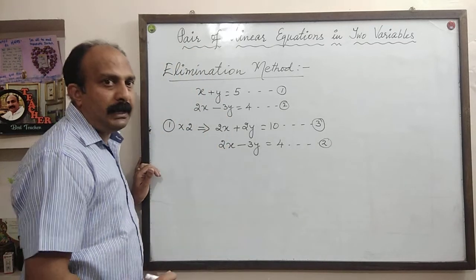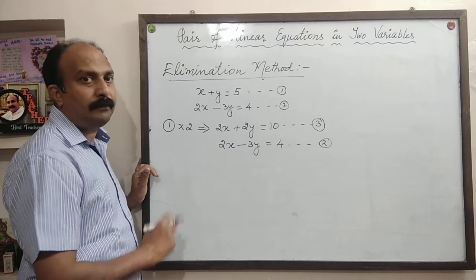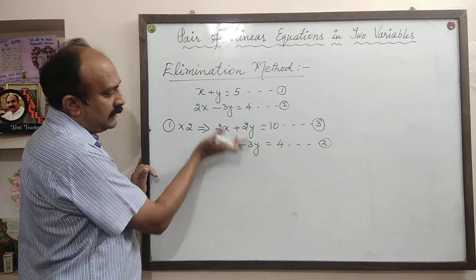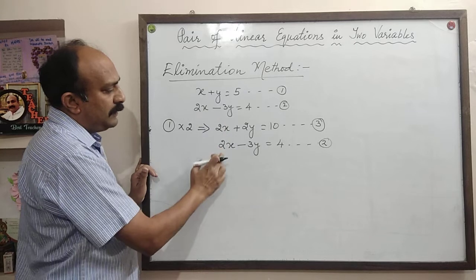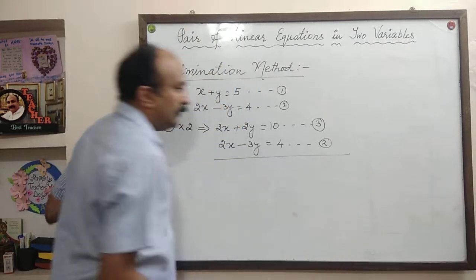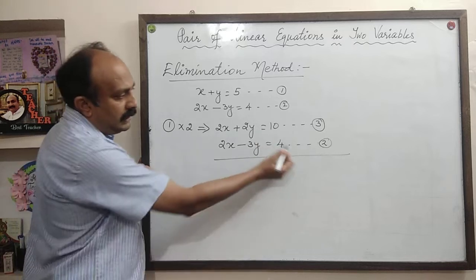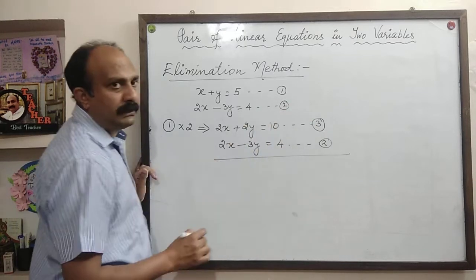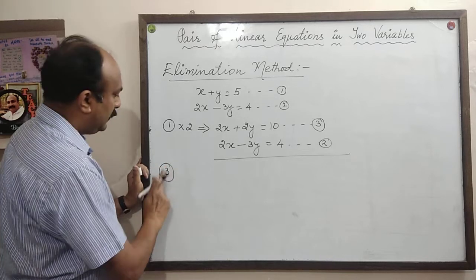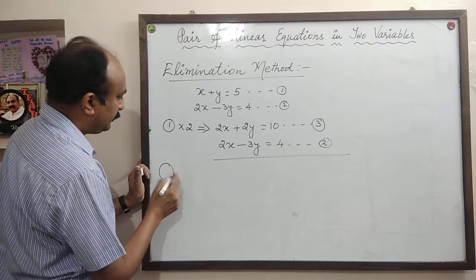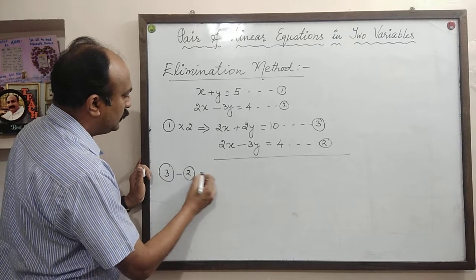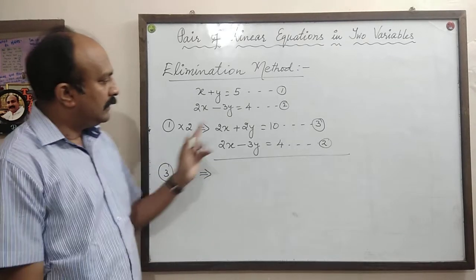Now we can eliminate this x term by subtraction. If we subtract this equation from this equation, 2x minus 2x will be cancelled. So we are going to subtract equation number 2 from equation number 3. So we write equation 3 minus equation 2 gives.